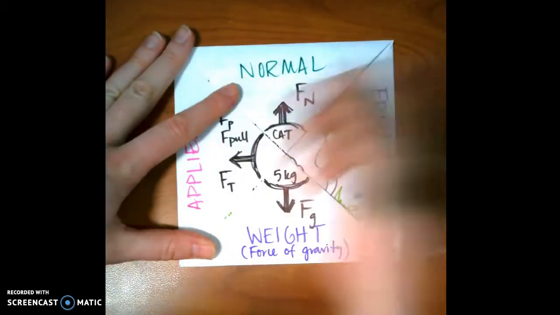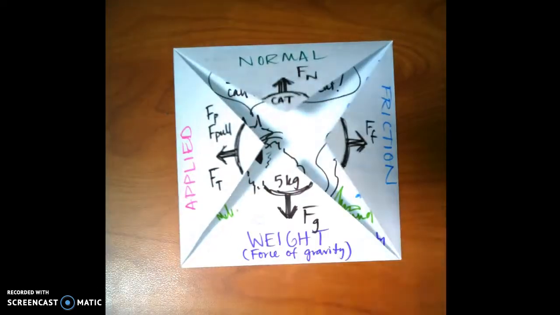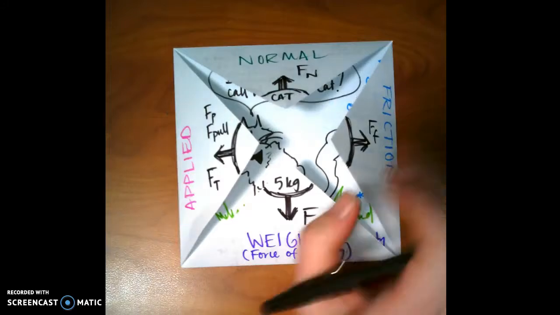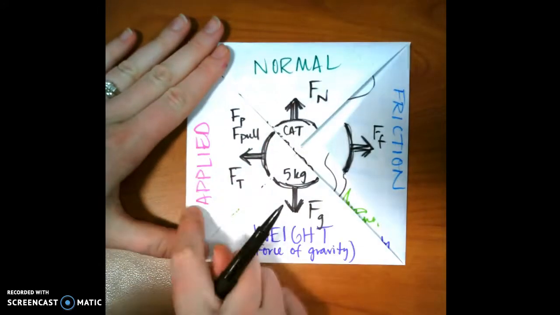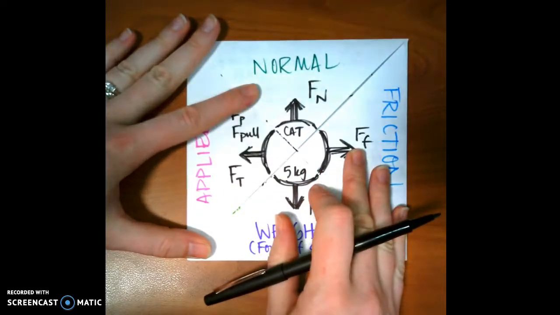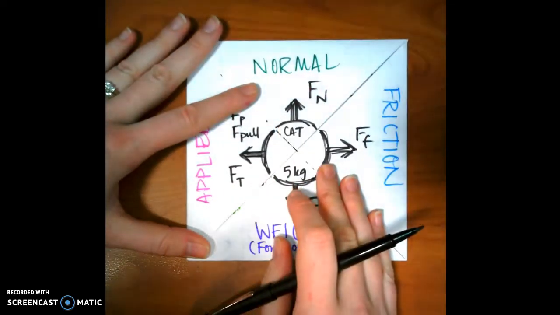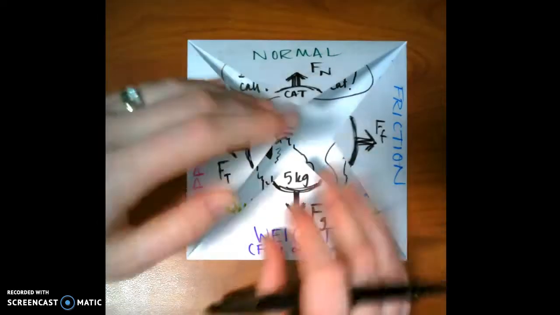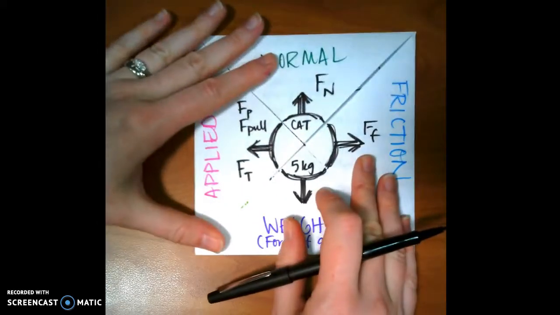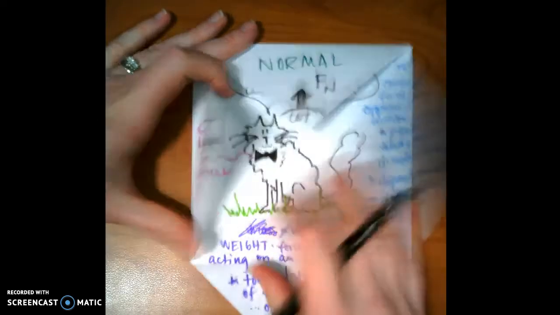We could be defining it as the force of the leash. We could be Jedis, and we could be using the force. The name of the force isn't important. The point is we have applied a new force to this otherwise static system. So, what we have now are 4 forces acting on our cat.